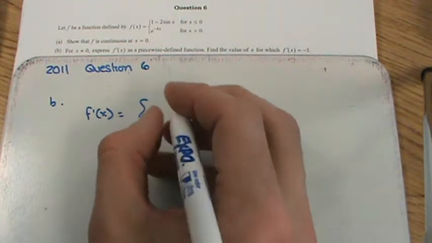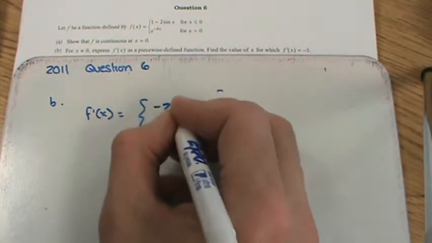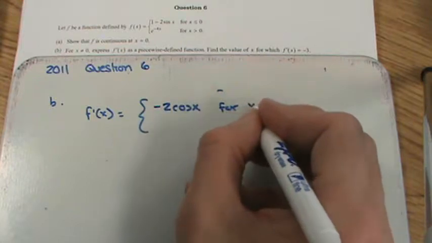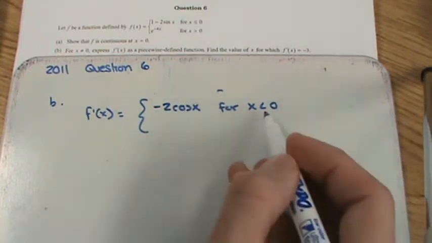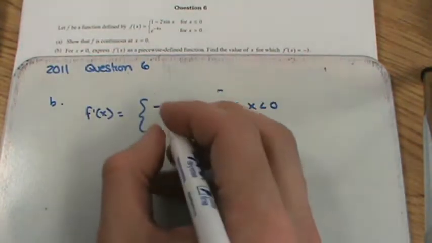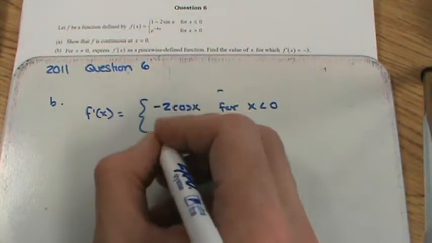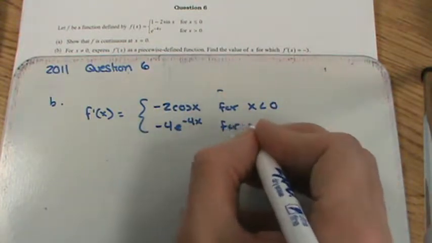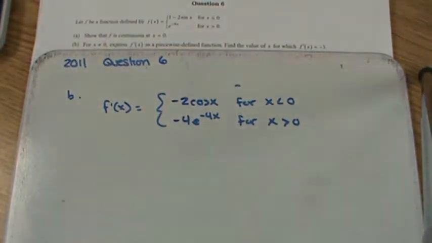Derivative of negative 2 sine of x is going to be negative 2 cosine of x. And remember, this is for x less than 0. And notice that I put no equal sign because they said for x not equal to 0 there. And then the derivative of e to the negative 4x is going to be negative 4 e to the negative 4x. And this is going to be for x greater than 0. And there's f prime of x.